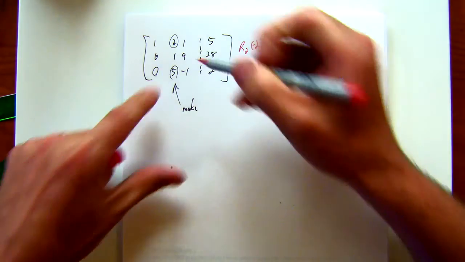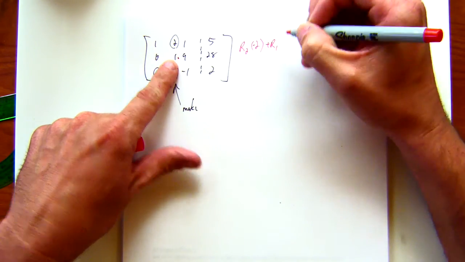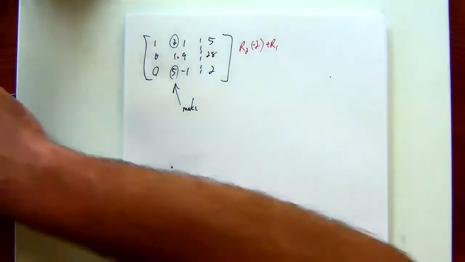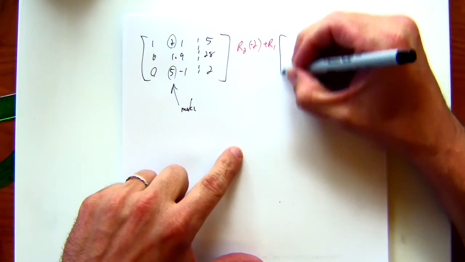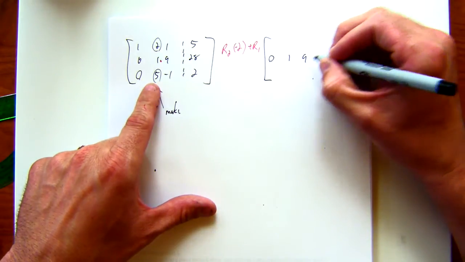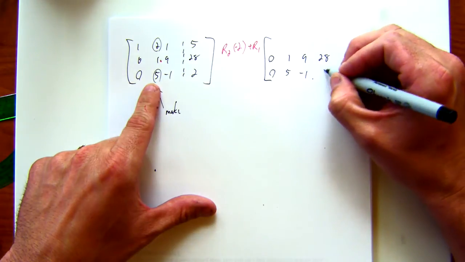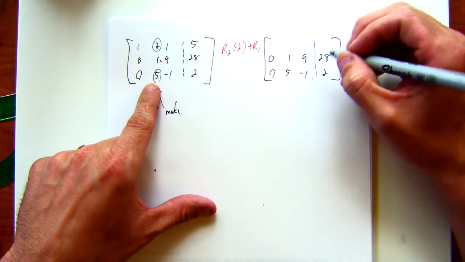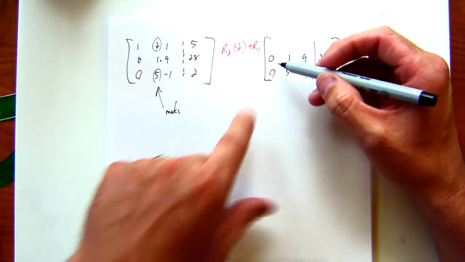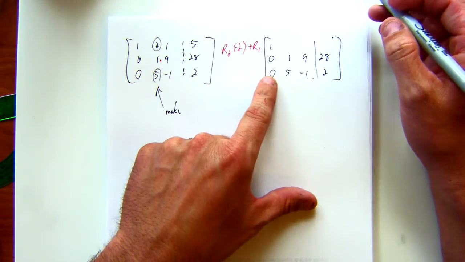So row 2 times a negative 2 plus row 1. Row 2 and row 3 are going to stay the same. Now notice the 0 is not going to affect the 1. That's a good thing. We don't want the 0 to affect the 1.